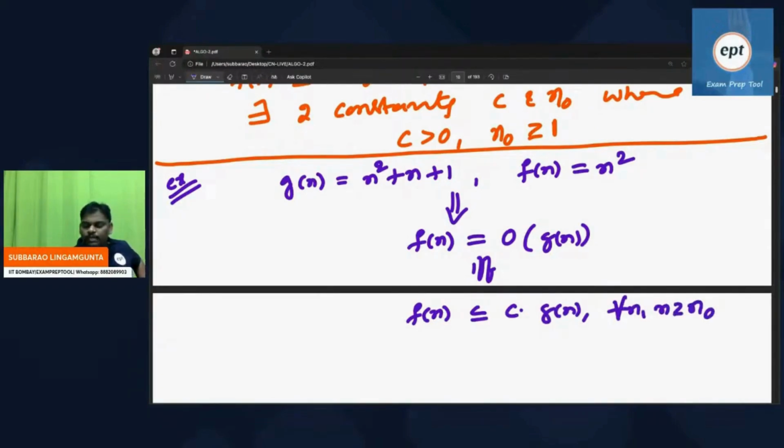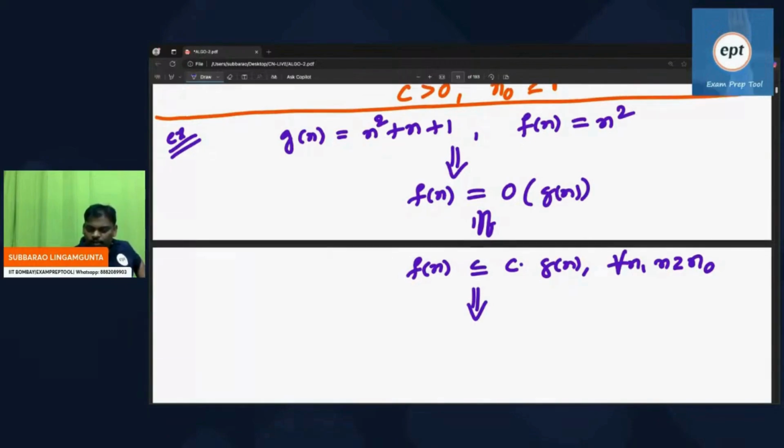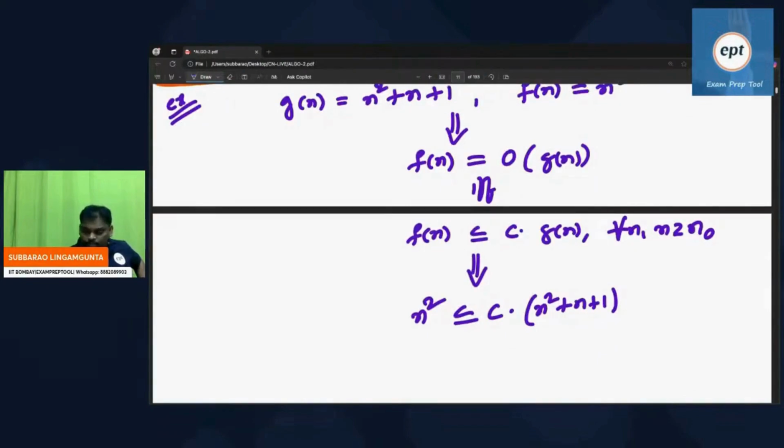Let me try whether it is satisfying or not. f of n is n square, less than or equal to some c times g of n, which is n square plus n plus 1. If you observe left and right, the right should be greater. Big O notation says the right should be greater.